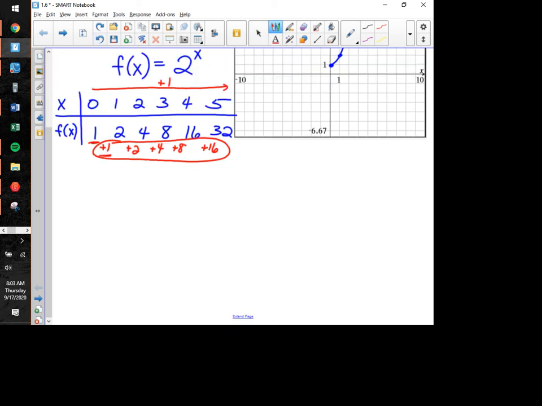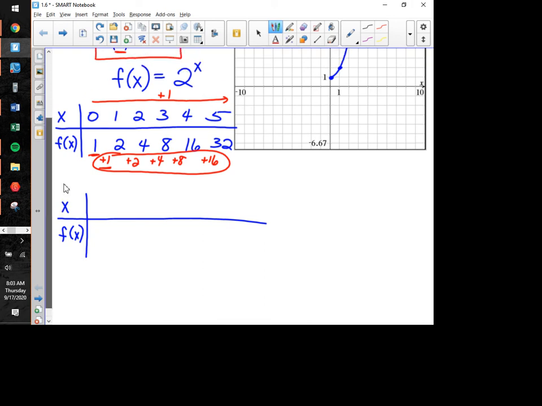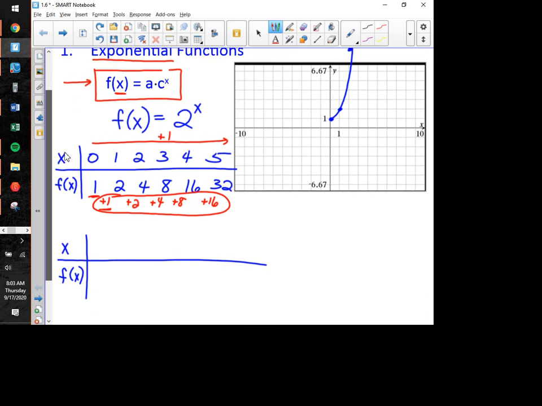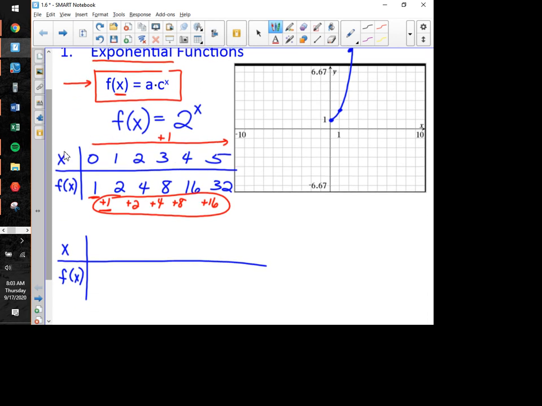So what I'm going to do now is make another quick table, same function, f and then f of x. And now what we're going to play with is what happens when we start putting in negative integers. If we think about domain and range for this function, let's have that conversation about domain. The question is, what values can you put in for x and get a real result?